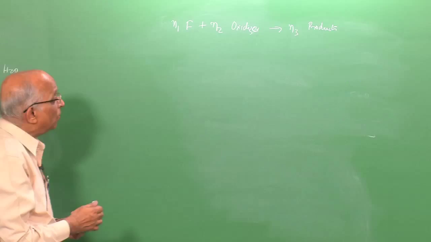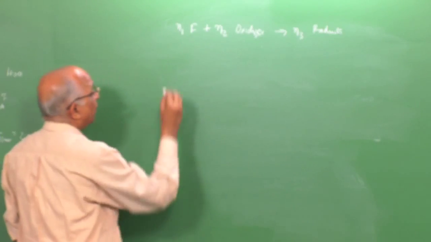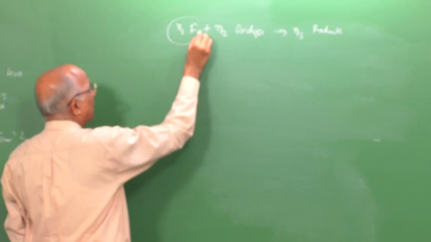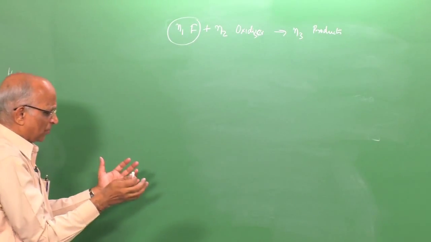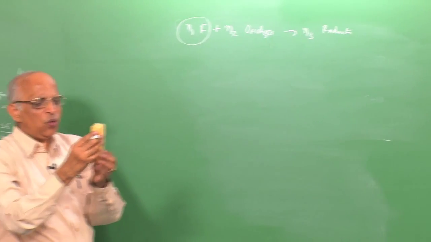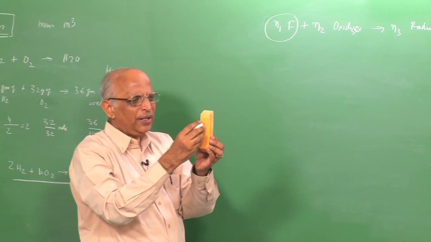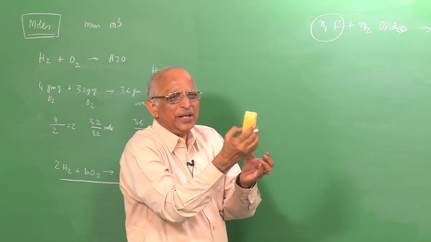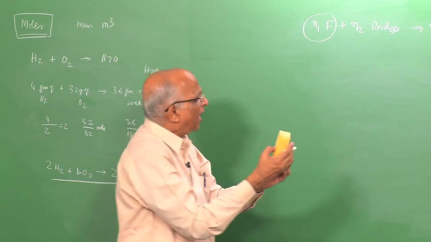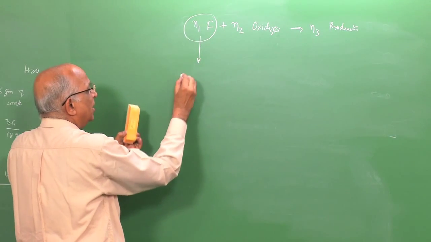What is it I do? I realize that if energy has to be released, this substance has some energy by itself. Any substance, like this piece of duster which is wood, contains carbon, hydrogen, oxygen, and it also contains some innate, internal energy. Therefore, any fuel substance will contain some inherent energy.